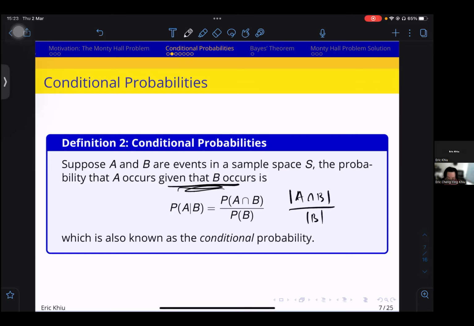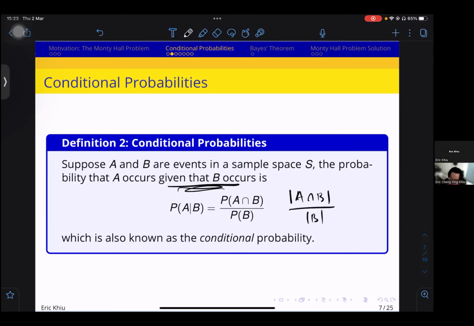right? But wait a minute, this is not a probability yet. It is just another ratio, okay? It's just like, out of all the events in B, I want something that has B and also A. This is what this ratio means.